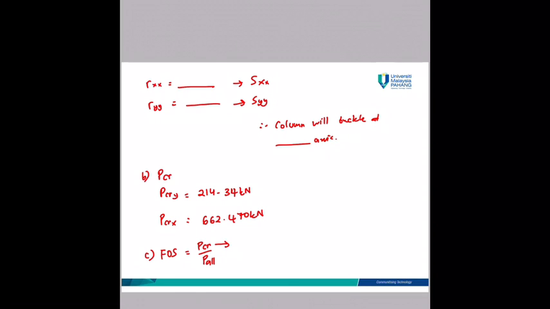Here we get from question B. The allowable is given, which is the applied load 500 kN. Then you will get your factor of safety. In y-axis is equal to 0.43. Factor of safety for x-axis is equal to 1.32. So this is your answer.